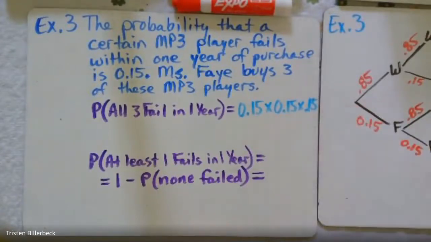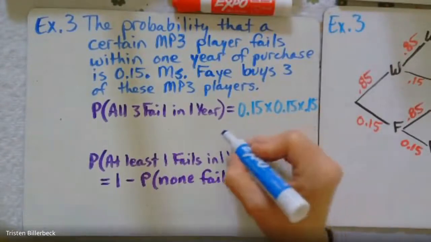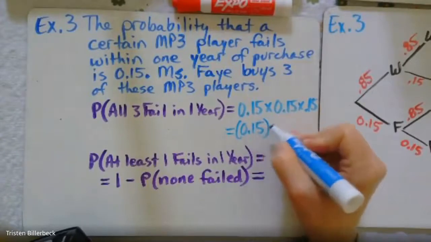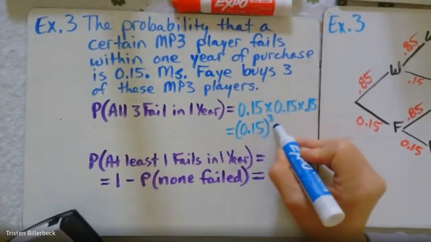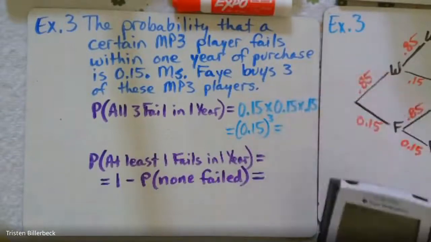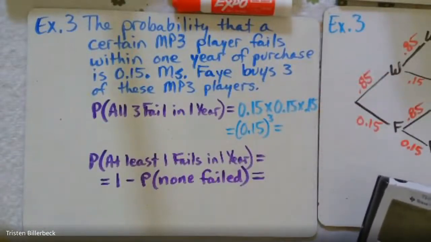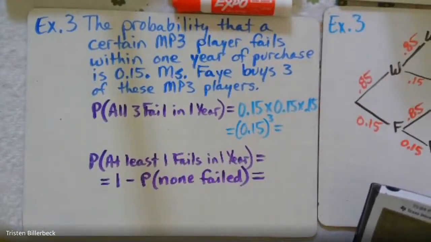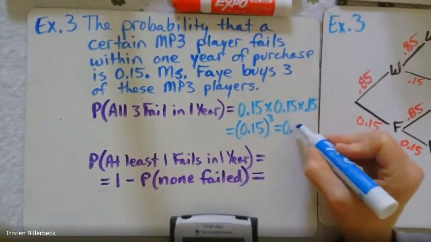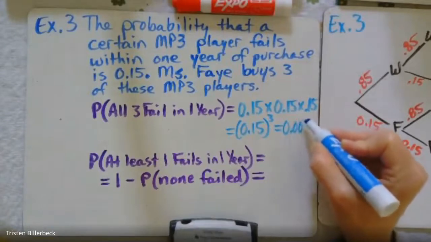So this actually equals 0.15 cubed. We can use exponents if there are 3 of them multiplying. So we use an exponent, and this is a very unlikely situation.